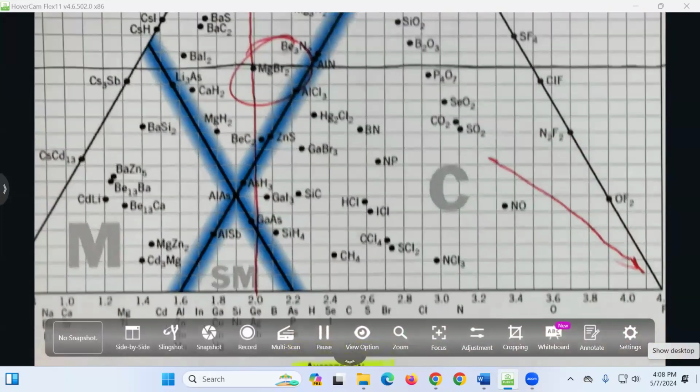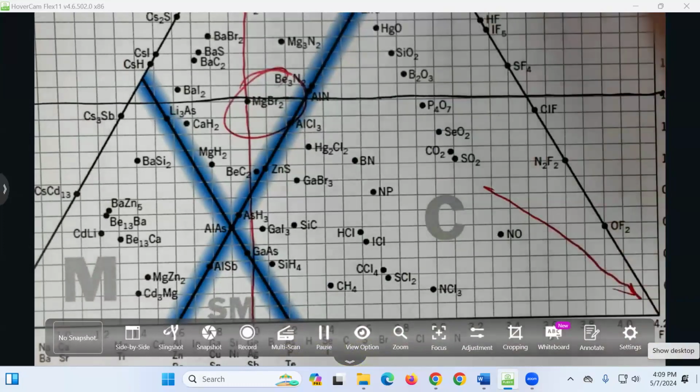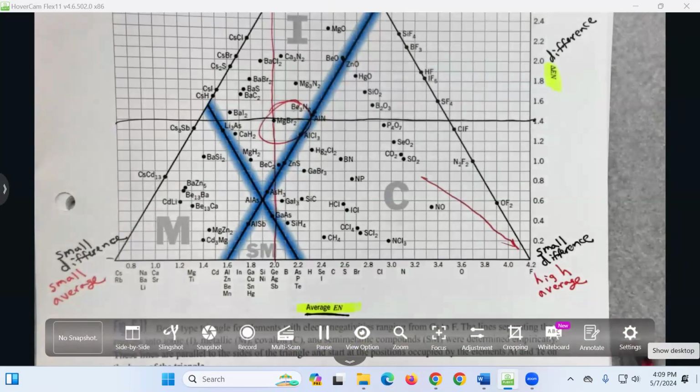We can see it's right there, correct? It's exactly where we would get an ordered pair for that. So we know for sure it's ionic.